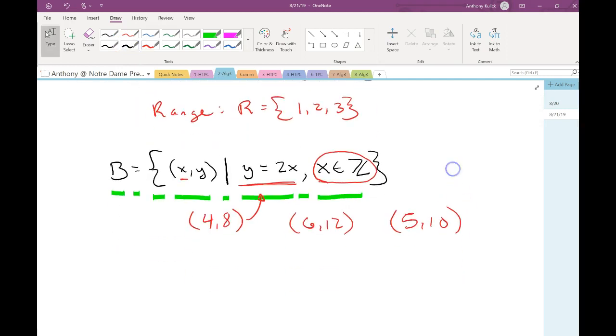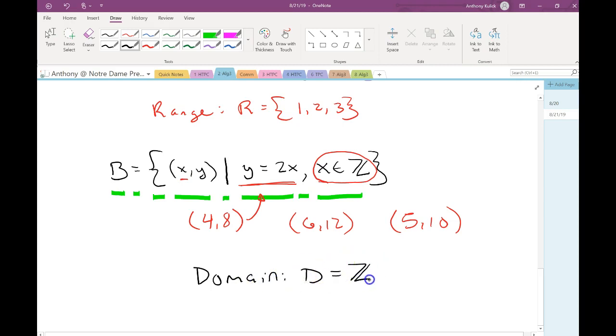So in this case, the domain is just the integers, right? We're told that in the set, we kind of need to know what the x's are in order to do this, right?